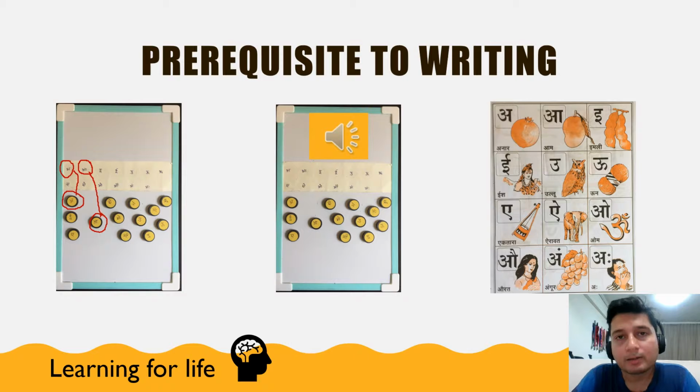The second part is the audio part to the magnet board activity, which is basically once your child has completed sticking all the alphabets, then either you can do the audio in which you can recite to your child the pronunciation, the sound of each of the alphabets.